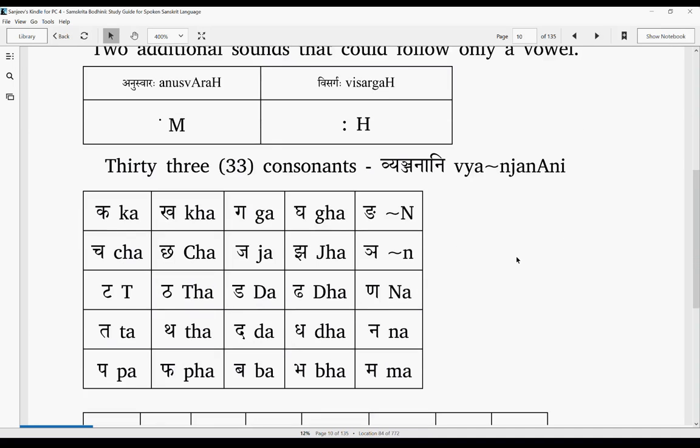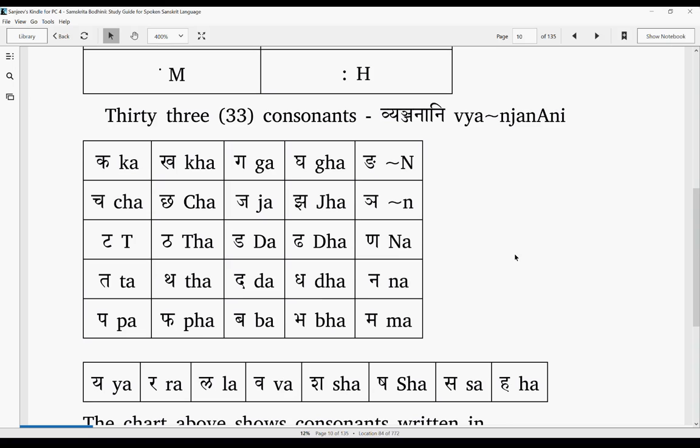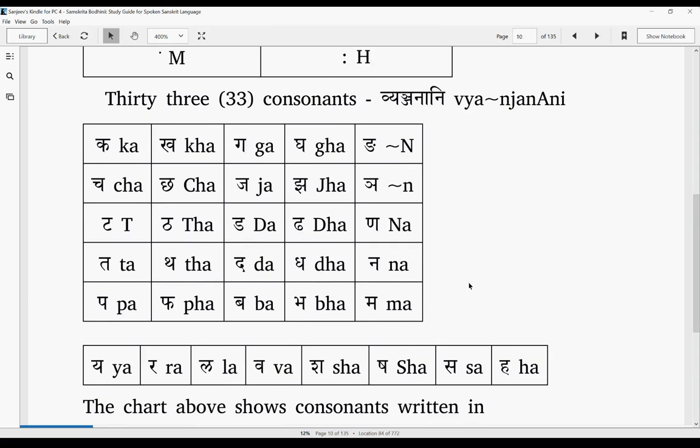And there are 33 consonants: ka, kha, ga, gha, nga, cha, cha, ja, jha, nya, ta, tha, da, dha, na, ta, tha, da, dha, na, pa, pha, ba, bha, ma. And the last line: ya, ra, la, va, sha, sha, sa, ha.